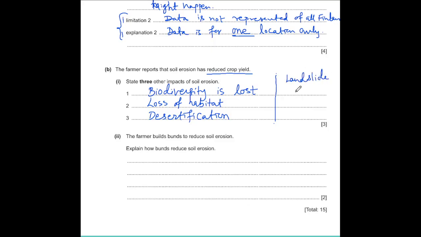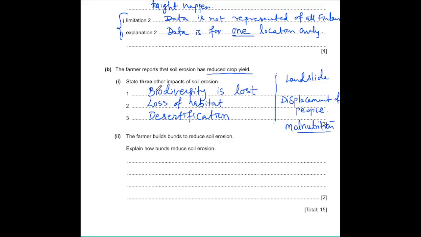Landslide, next one is displacement of people, or malnutrition, and this is how you get 3 marks. So mention 3 points only.